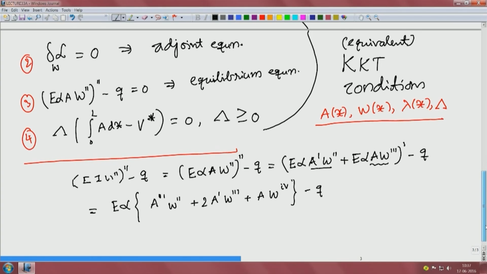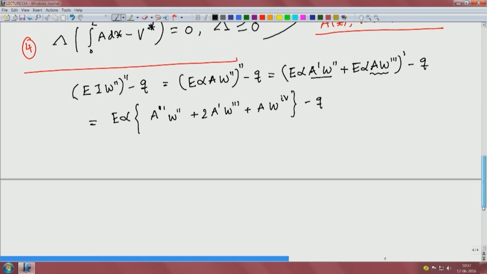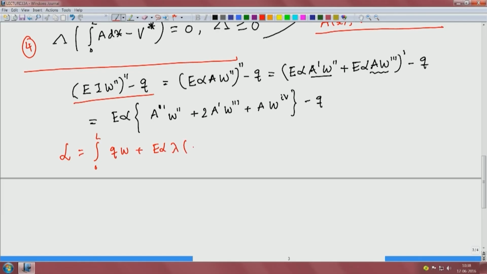Okay. Having written that, now let us write the Lagrangian one more time. Lagrangian, which is integral 0 to L of q w plus E alpha lambda, because lambda was multiplying this thing over there, times A double prime w double prime plus 2 A prime w triple prime plus A w fourth derivative, and then we also had the uppercase lambda times all of this.